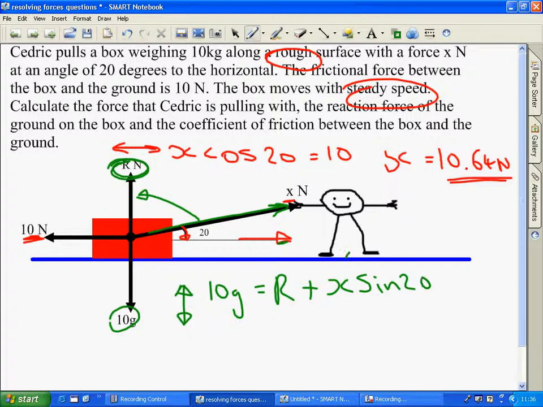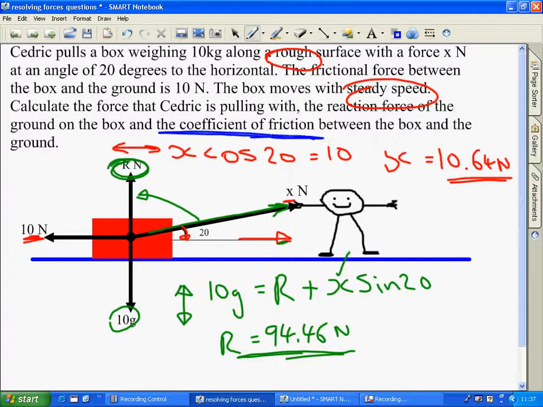Now we've found x, yippee! So we can easily just find R from that equation, and we know that R is equal to 94.46 newtons.